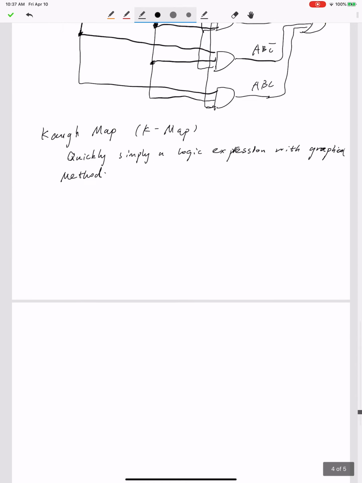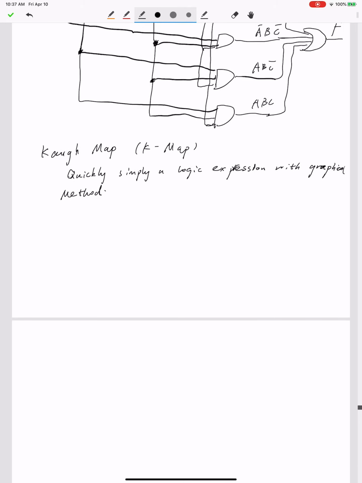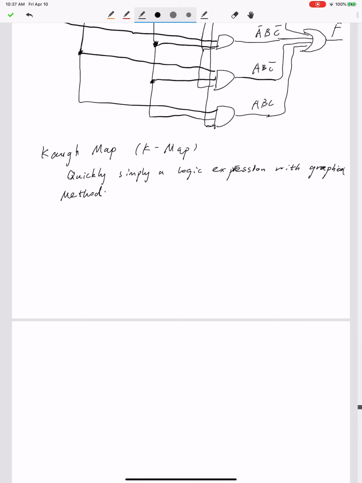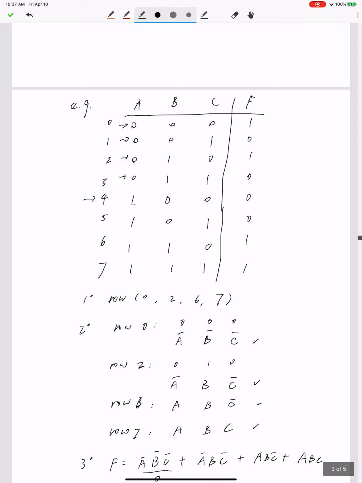All right. For instance, if I give you a truth table, let's just use this example, because we already have this truth table.